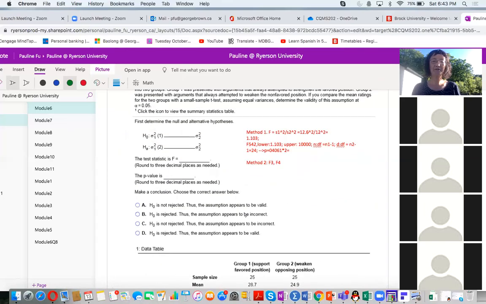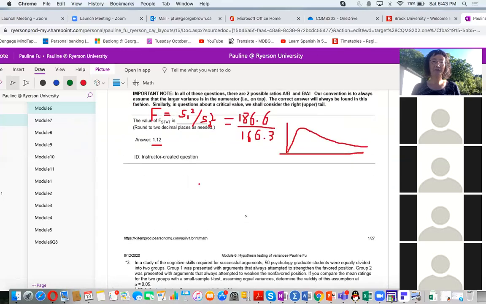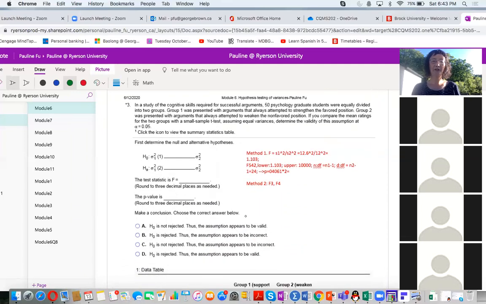Now let's go back to question 3. This I get from another student. In a study of cognitive skills required for successful arguments, 50 psychology graduate students were equally divided into 2 groups. Group 1 was presented with arguments that always attempt to strengthen the favored position.